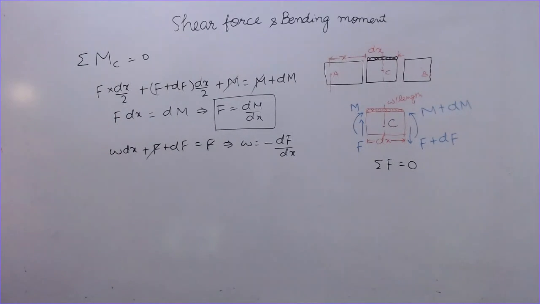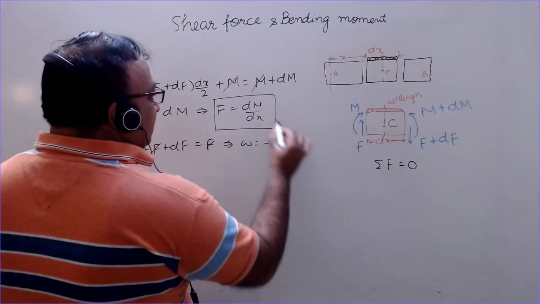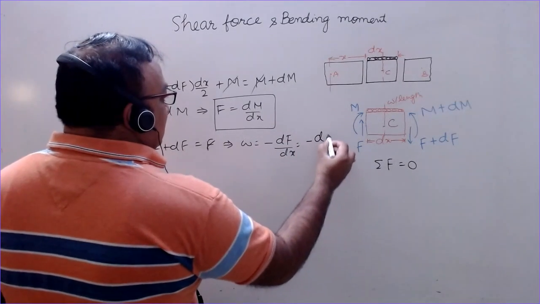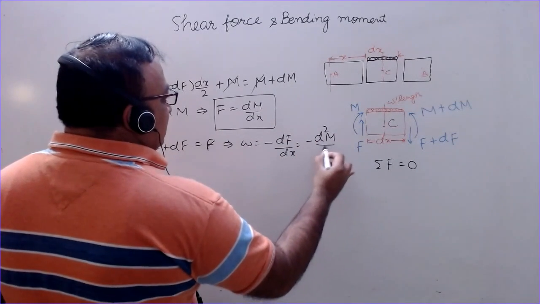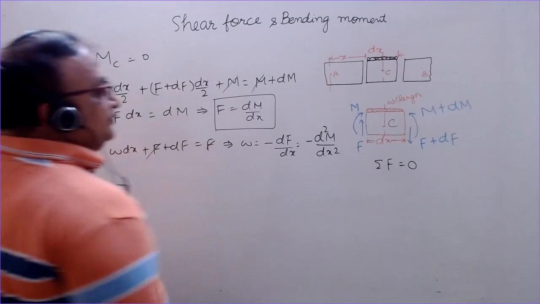The negative rate of change of the shear force is equal to the rate of loading in case of uniformly distributed load, and this can also be written as minus d2M by dx square.